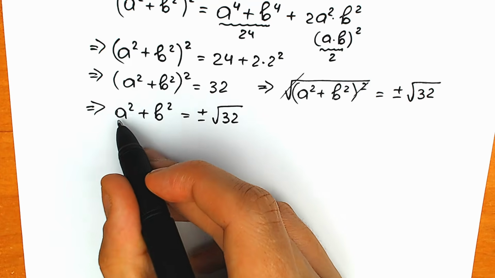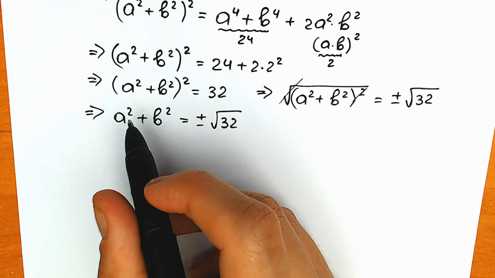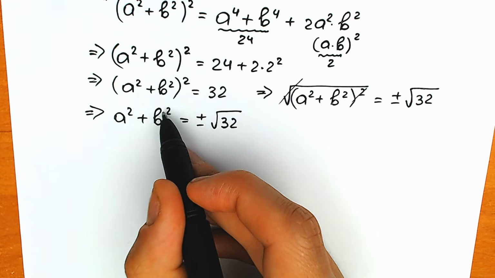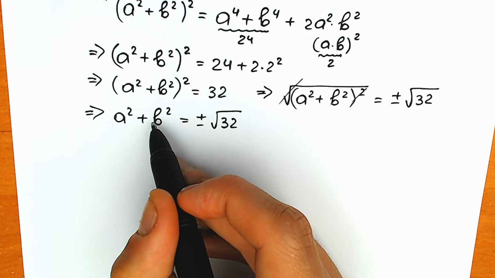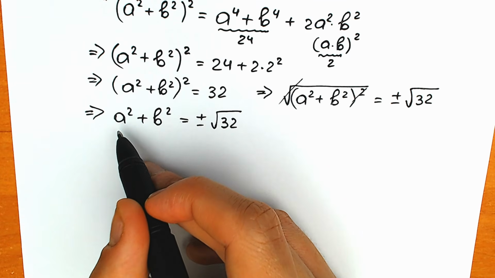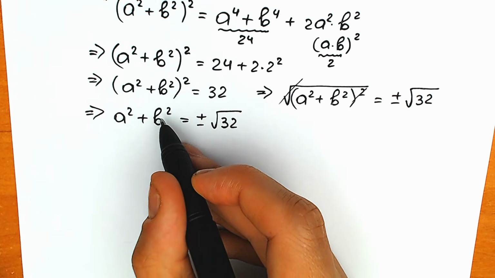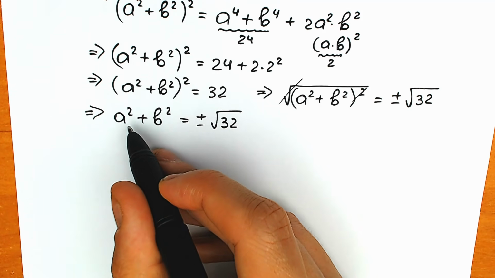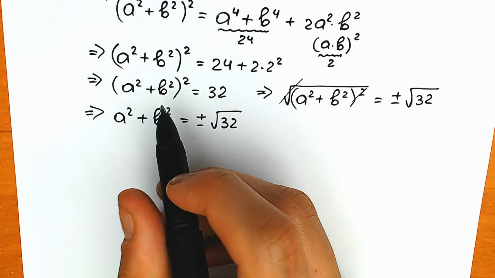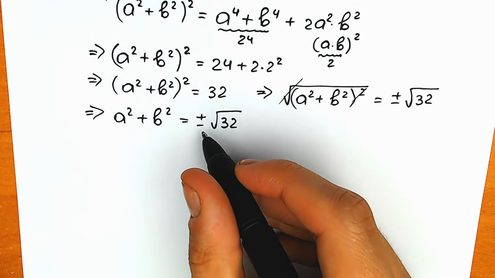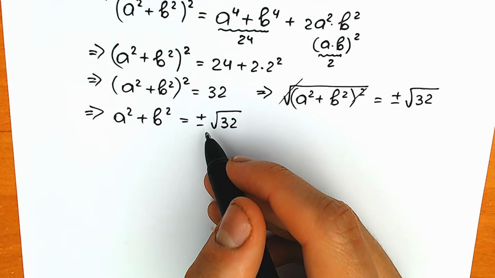This is a positive value because everyone knows that when we're talking about second power, it means that this expression is positive. B square is also positive. So we are talking about two positive values. Even though a might be negative or b negative, we're talking about positive values because of squares, and this expression will be positive.